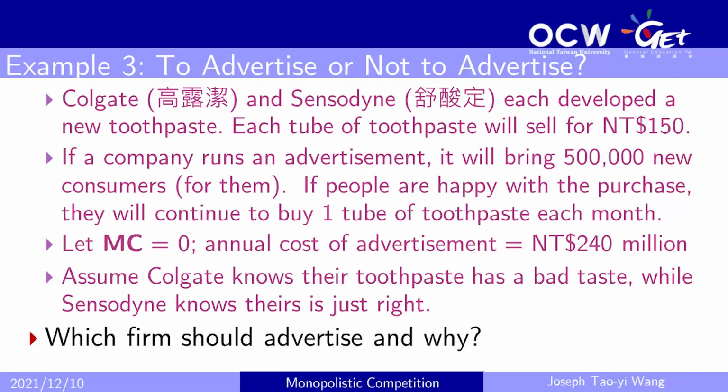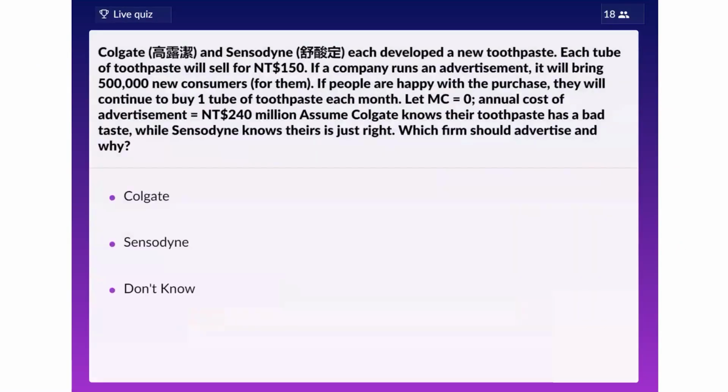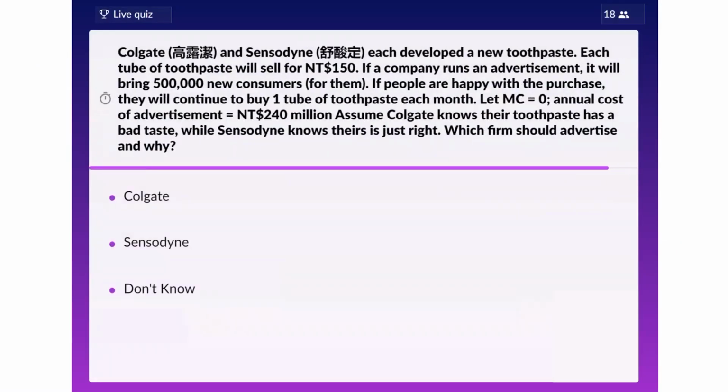So here you have two firms. They have to choose, do they throw in 240 million NT dollars each year on advertisement? Which firm should advertise? Let's take a look. Now we have a quiz. Which firm should advertise?